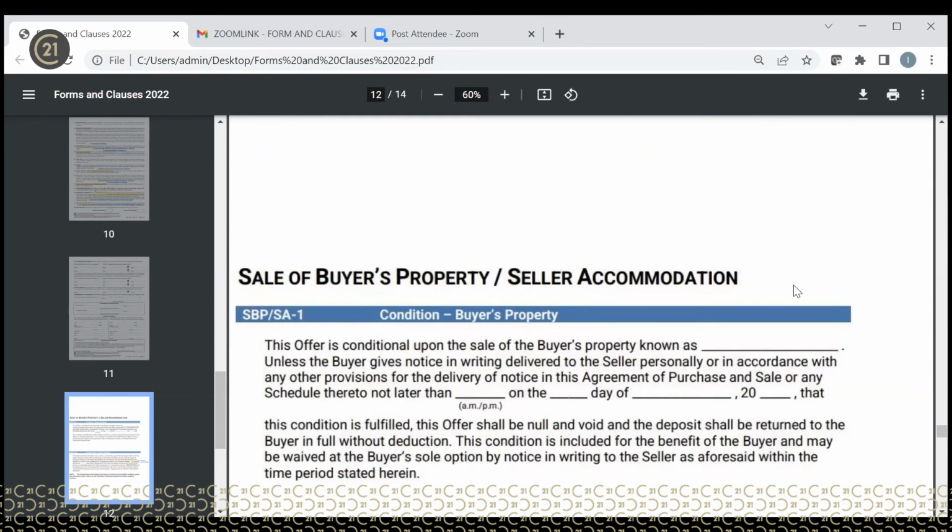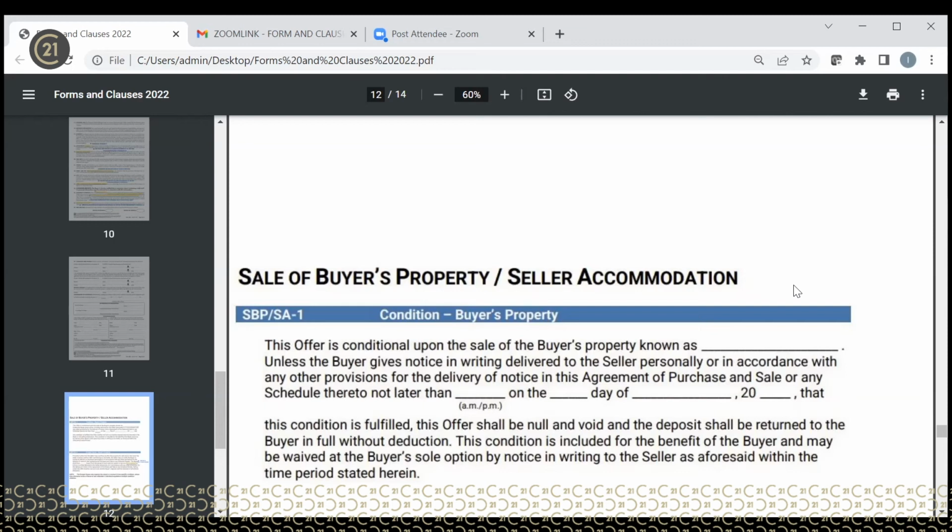The other thing I will say about sale of buyer's property, as a listing agent representing your seller, you have every right to have a very nice conversation with the buyer's agent, but you want to see, do they know what that buyer is going to be listing their property for?